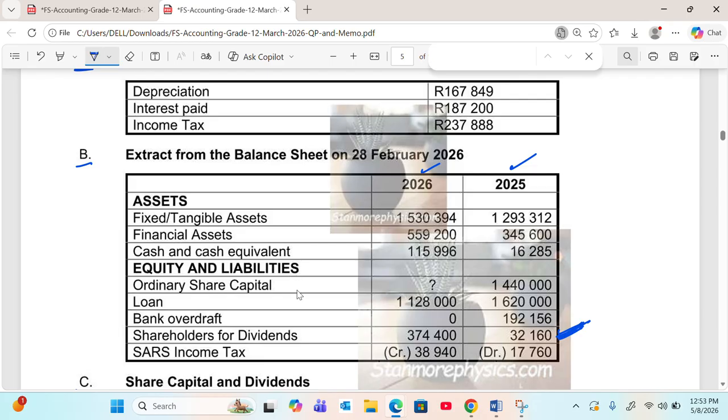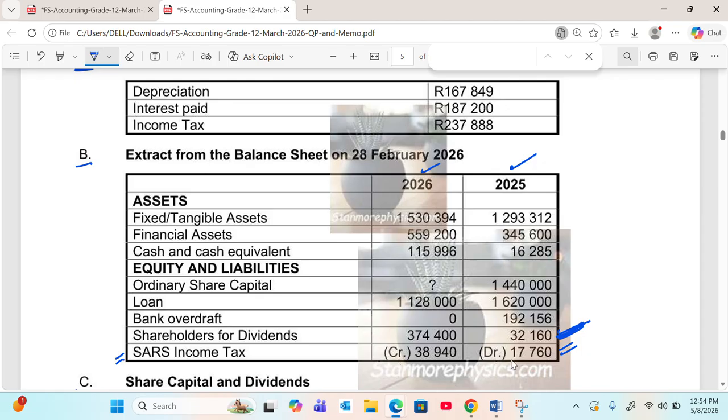Please check the statement of financial position, the balance sheet, the last item, SARS income tax. We have at the beginning a debit balance. A debit balance, guys, shows that SARS is owing the business money. But at the end of our current financial year, we have that 38,940, meaning that now we are owing SARS if we have a credit balance.